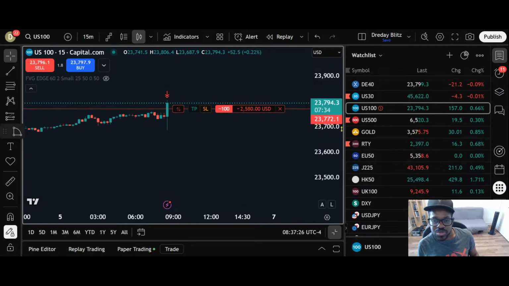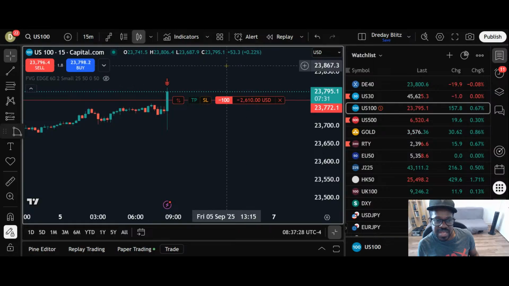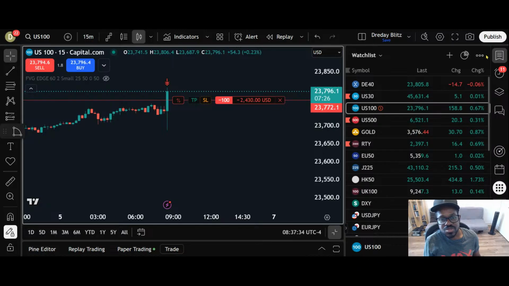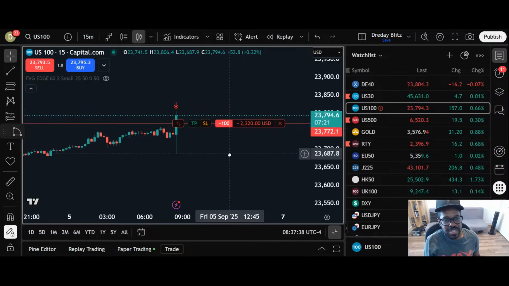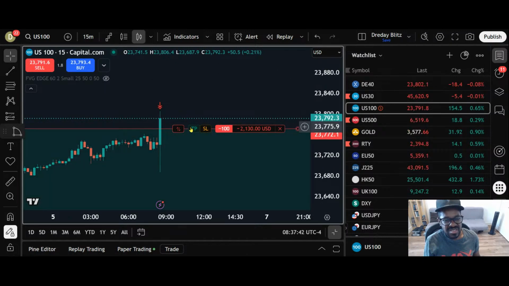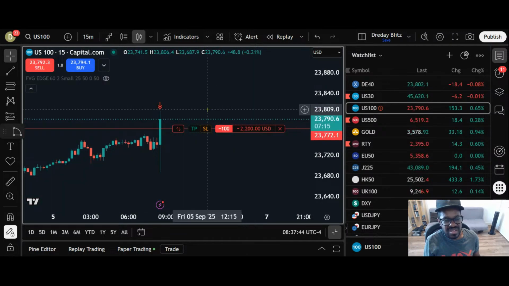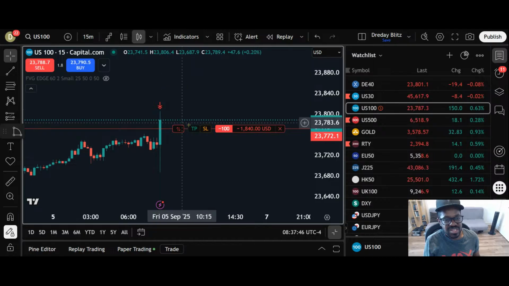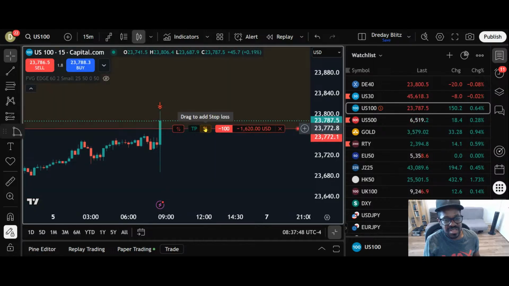But remember, Nasdaq is not open yet, right? So even though the trade is a little bit in drawdown right now, I'm expecting the price to go down a little bit more. So I'll just have to manage the trade.